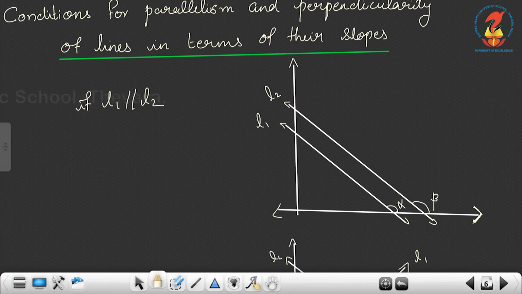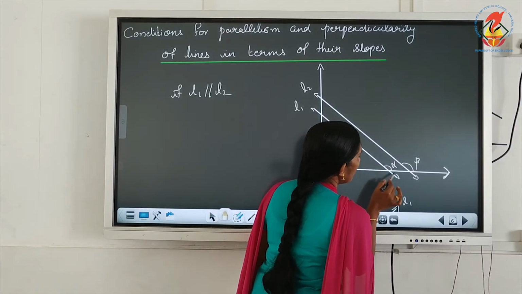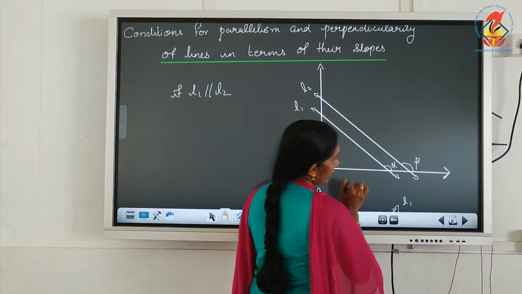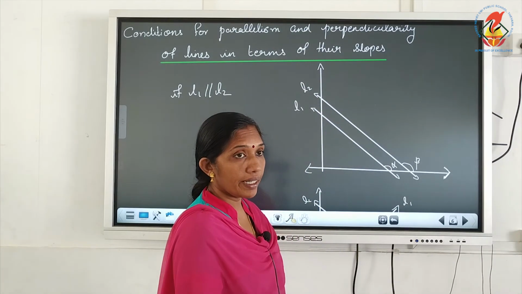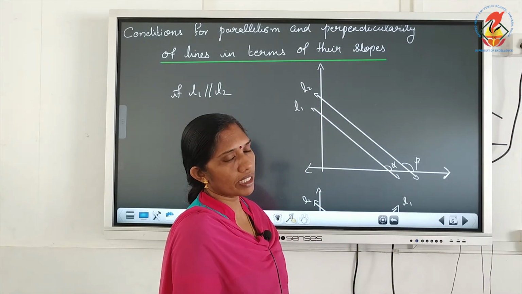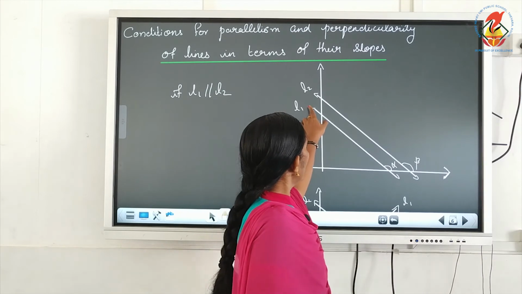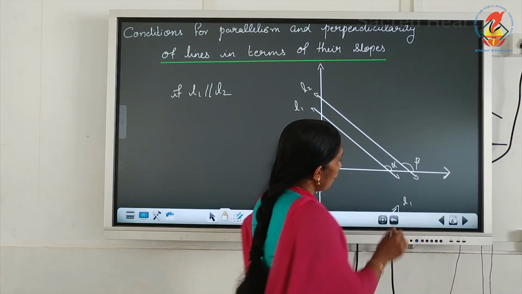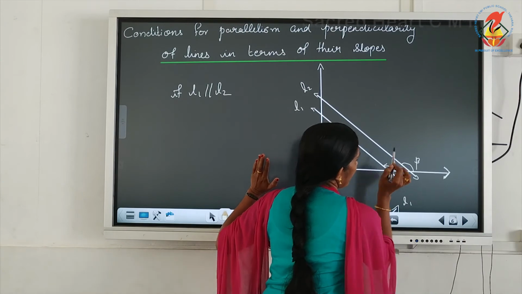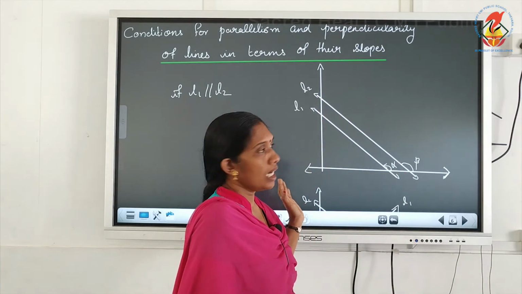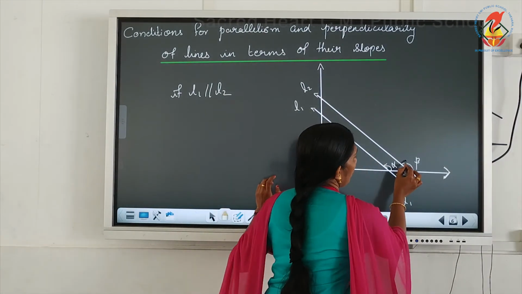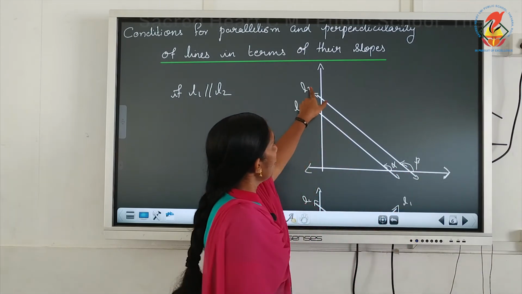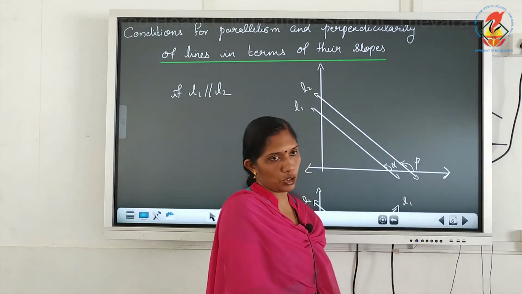Look, alpha is the angle of inclination of L1. What is the angle of inclination? The angle made by this line with the positive direction of x-axis measured anti-clockwise. Like that, beta is the angle of inclination of line L2.